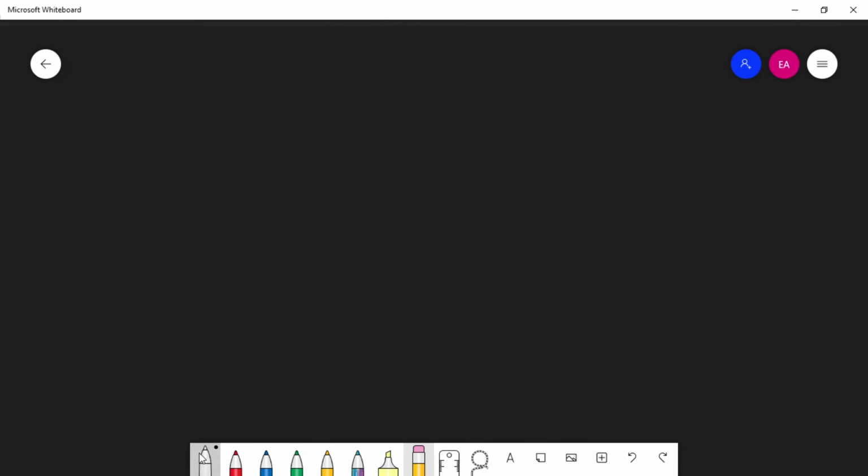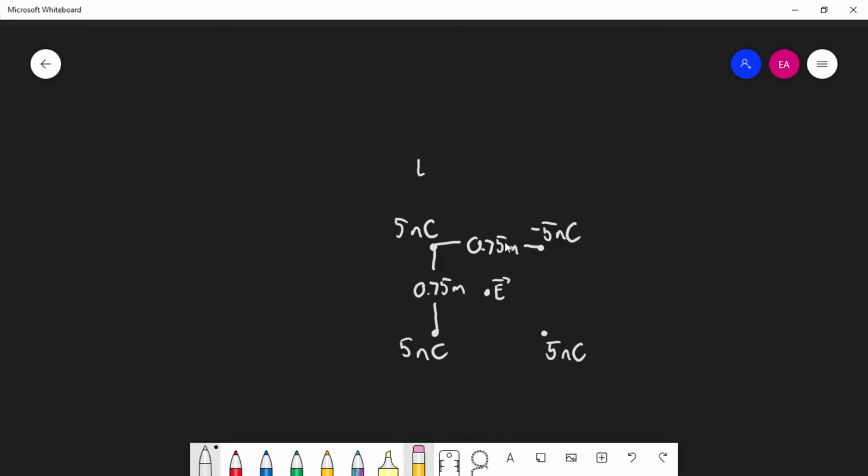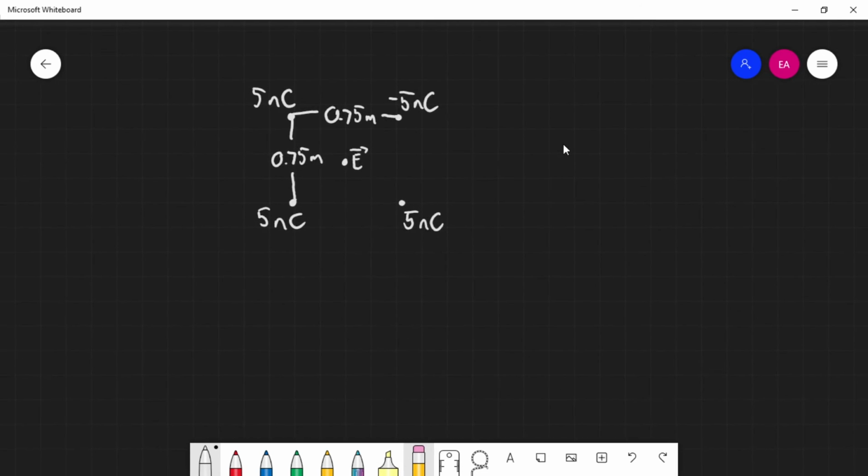Now, moving back to the question that we have: what is the magnitude and direction of the electric field at the center of the square? Now we know, let's draw the field lines first. Okay, I'll just erase this E. Let's draw the field lines first.